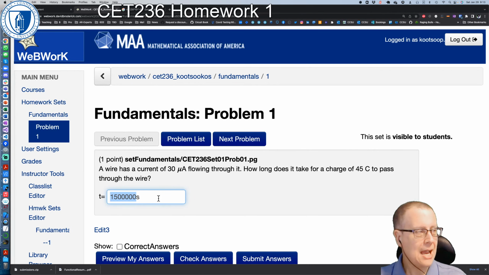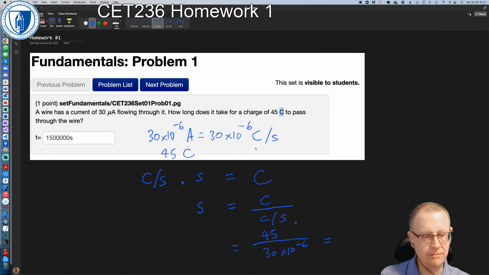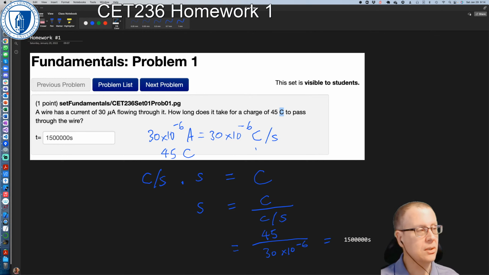A tricky thing about WebWork is you usually have to give it units as well. So I'm going to paste that there, but I need to make sure when I put the answer into WebWork that I give it in seconds.